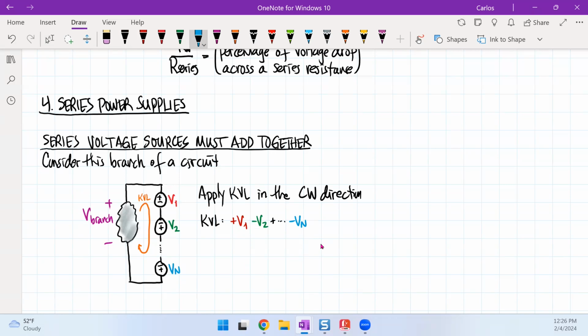If I go all the way around, you can see that this is V branch. So what you're seeing here is the equivalent series voltage.